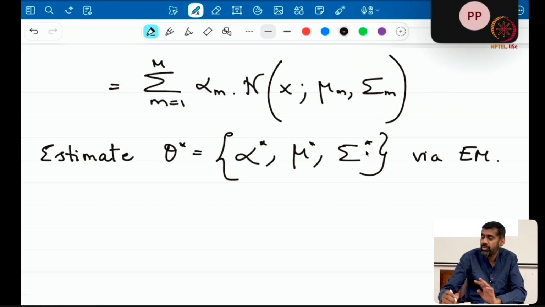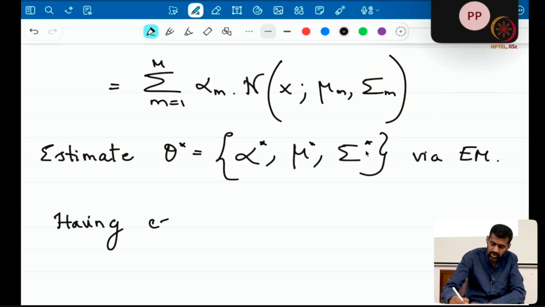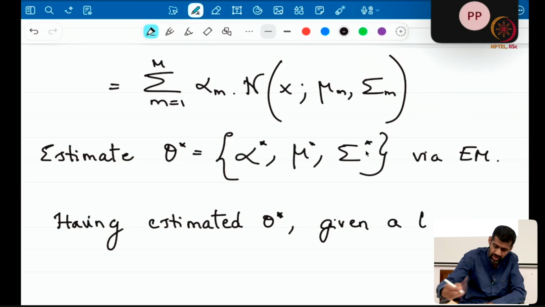So, once we estimate these parameters, how do we use this is the question, right. So, having estimated theta star, given a test data point, it does not have to be a test data point actually, given a data point x from the distribution, it can be from D or it can be outside of it as well.